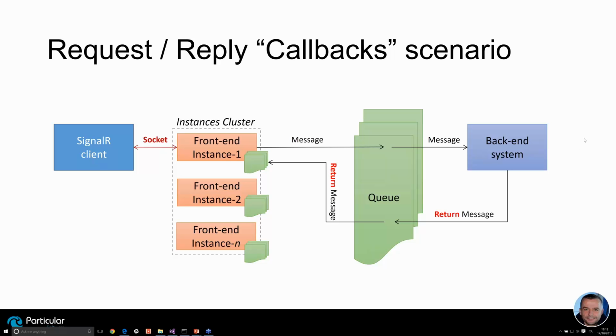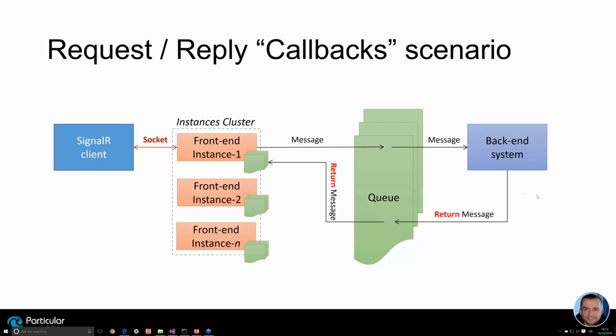So within NServiceBus, the client calling the socket would end up in the front end. The front end will not only send a message, but delegate a callback on that bus.send.